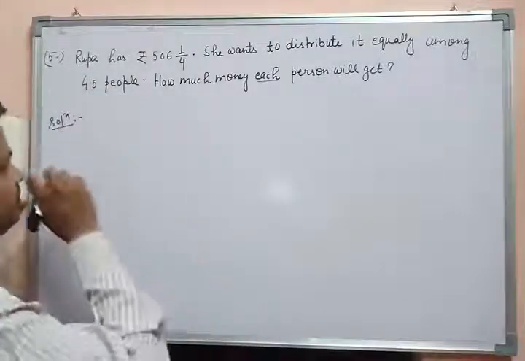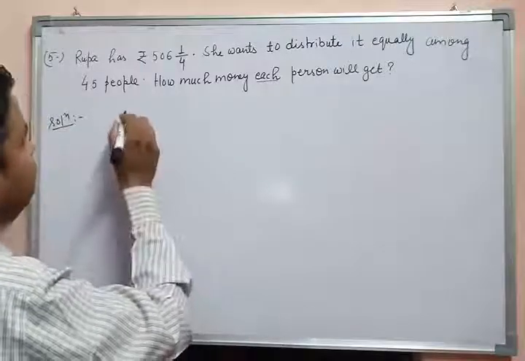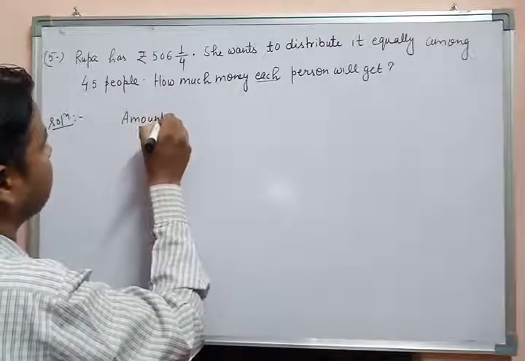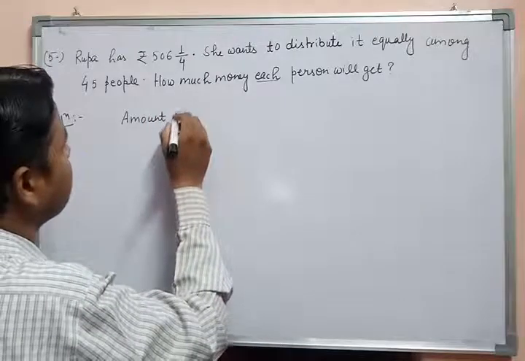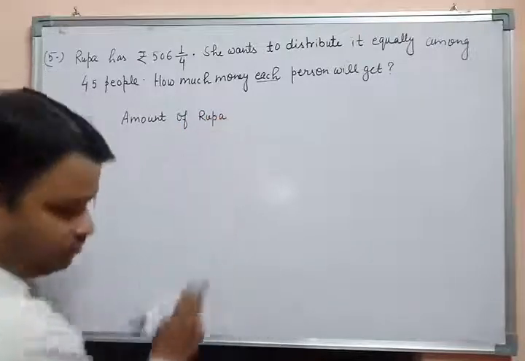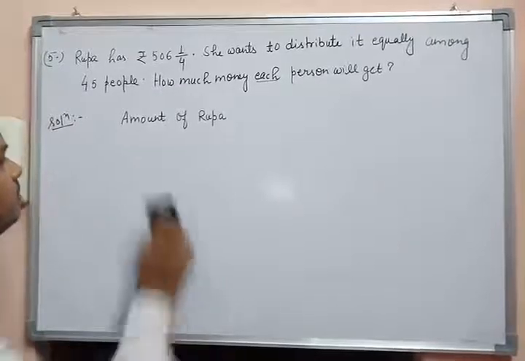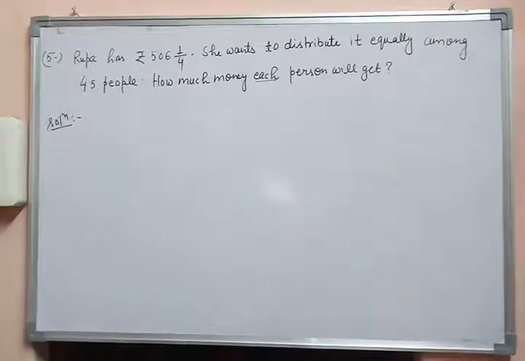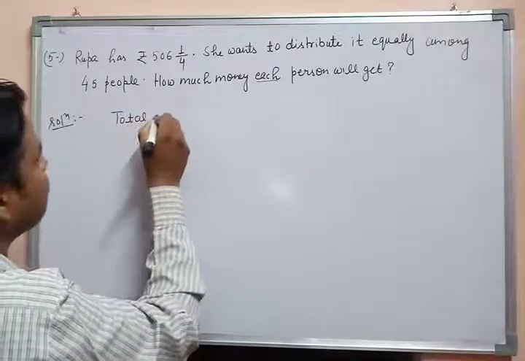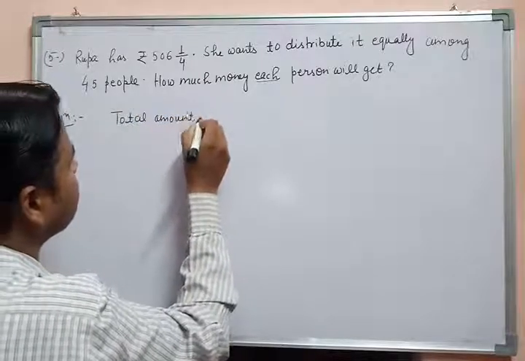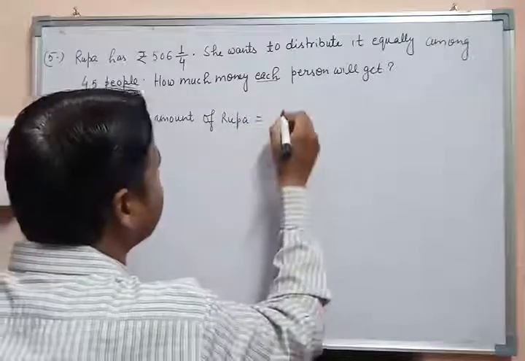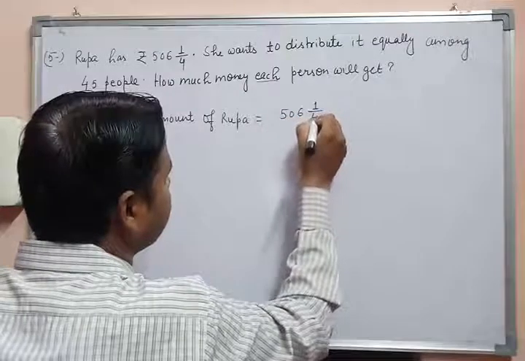First of all you have to write the total amount Rupa has, which is equal to 506 1/4 rupees.